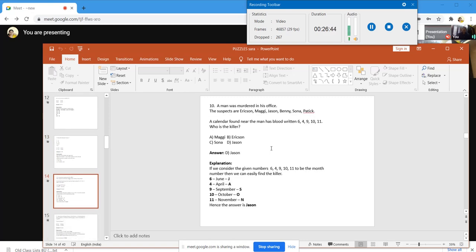Yeah, this is a very interesting one. A man was murdered in his office. The suspects are Erickson, Maggie, Jason, Benny, Sona, and Patrick. A calendar found near the man has blood written 6, 4, 9, 10, 11. Immediately what we should think is, a calendar was found, so it may be related to a date or a month.